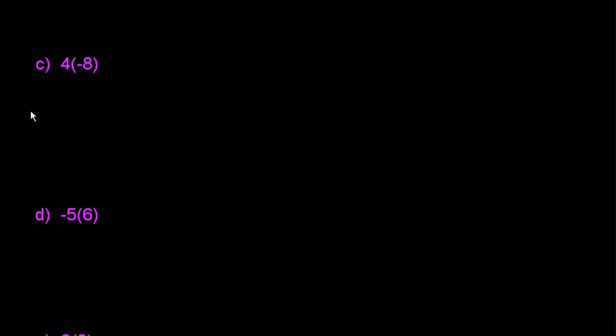Notice in problem C we have a positive and a negative. We have different signs. Before we had like signs, now we have different signs, so we need different rules. So what do you do when you multiply with different signs?